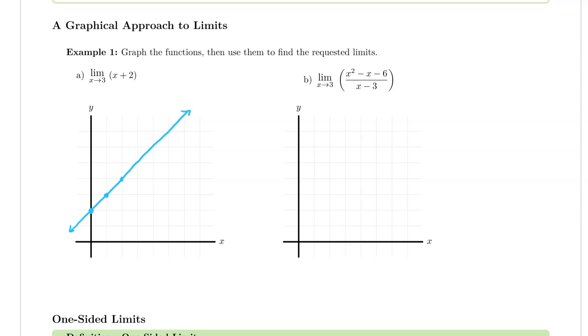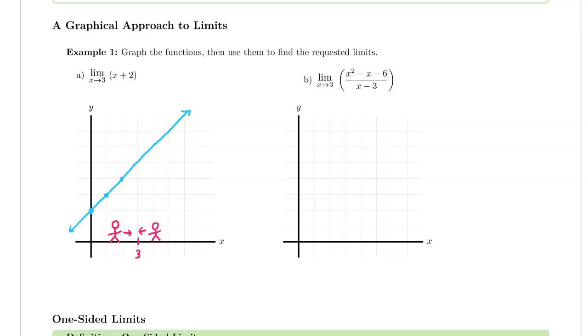All right, so I have my line graphed, and this is a cool analogy, or a cool trick, to think about limits, at least using their graphs. So we know that we're approaching the x value 3, which is right here. And what you can do is draw two people, imagine that they're walking along the x-axis and they're both getting closer and closer to x equals 3.